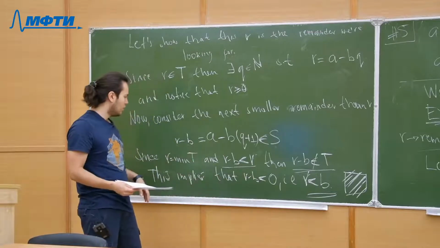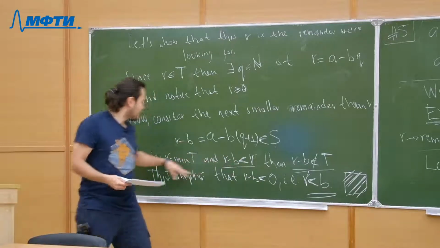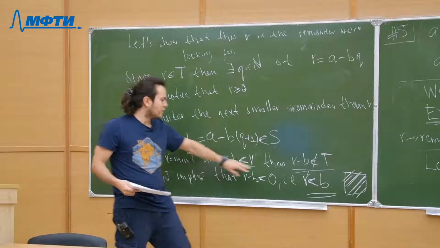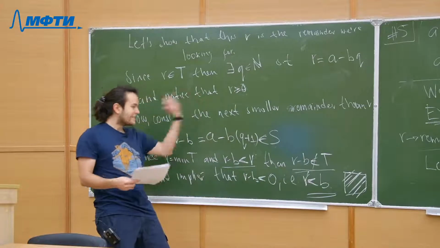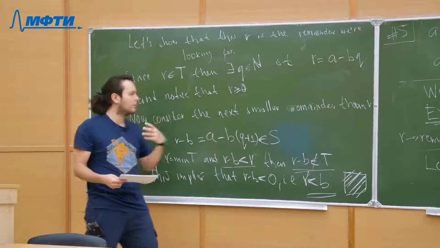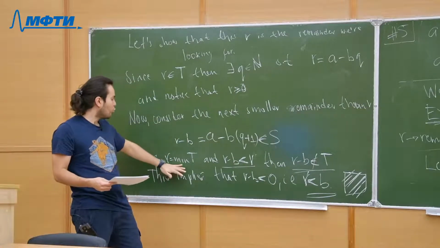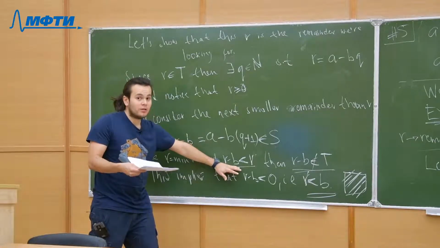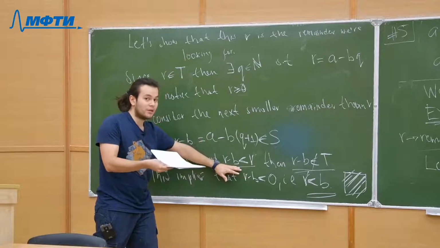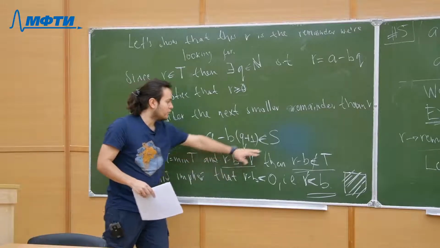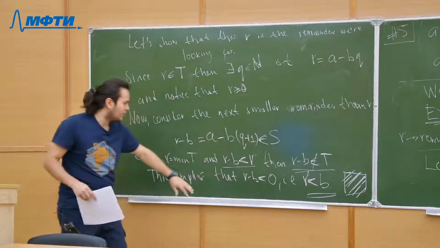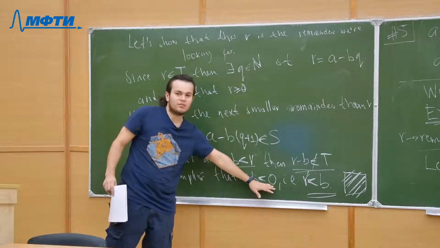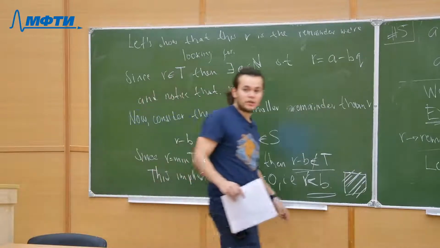Then, since R is the minimum, it means that R minus B doesn't belong to T, because the least remainder we had is R. It means that R minus B is a remainder. Do not forget that R minus B is a remainder, right? Then it belongs to S, and it means that R minus B is less than 0. Okay, I hope that is clear somehow.